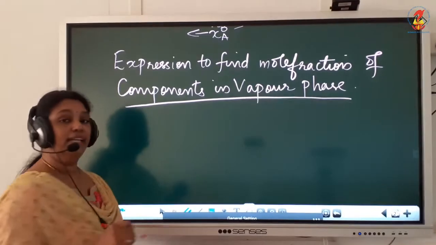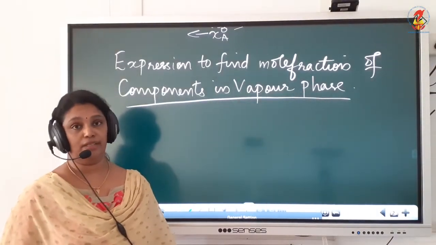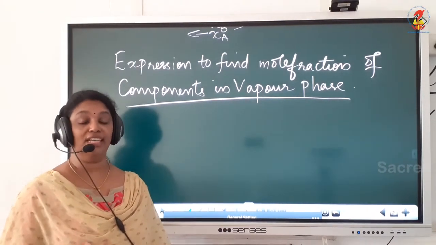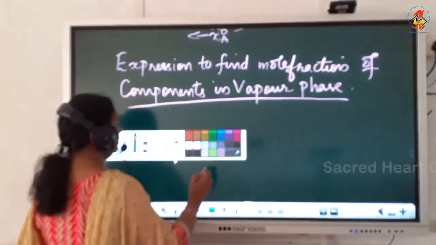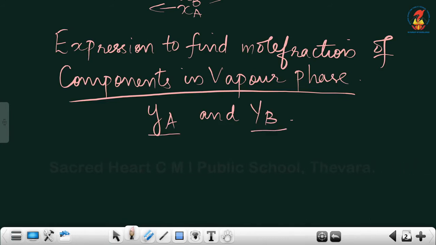Now you know that in liquid solutions we represent mole fraction with XA and XB. So let's represent the mole fraction of solute and solvent in vapor phase with YA and YB. YA and YB represent the mole fraction of solvent A and solute B in vapor state, and let PA and PB be their partial pressures.